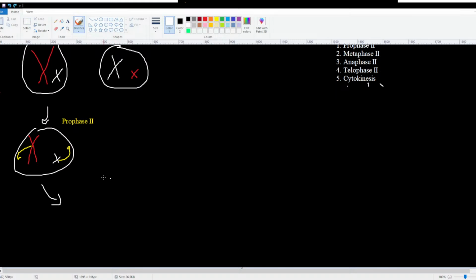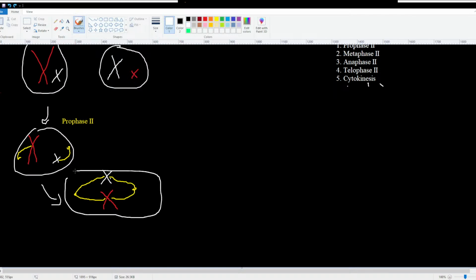Like I said, meiosis 2 is very similar to mitosis because now we're actually going to separate the sister chromatids. Because if you look here, they're still in the X conformation. They still look like X's. They're not quite like lines.